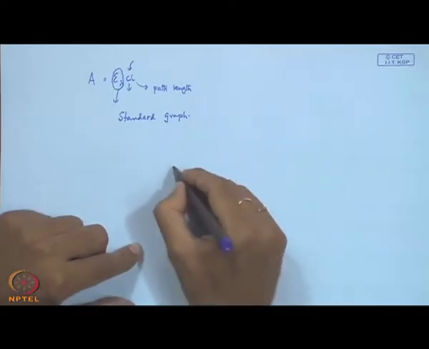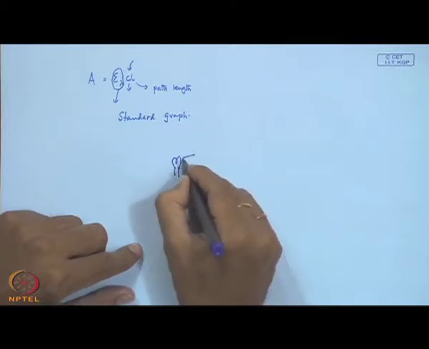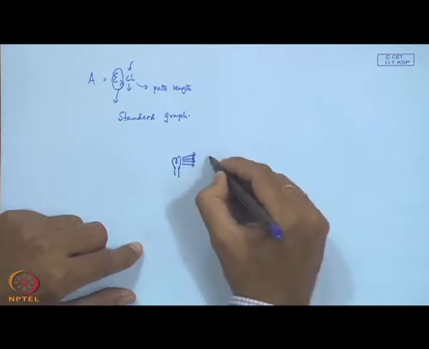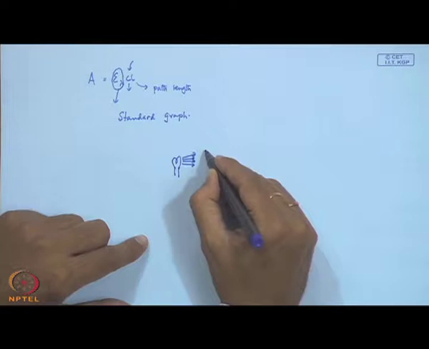So, you have your source of light, light is coming out. Then maybe you can put some monochromator.